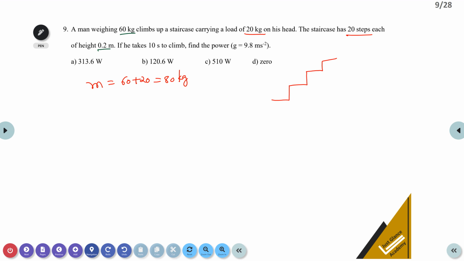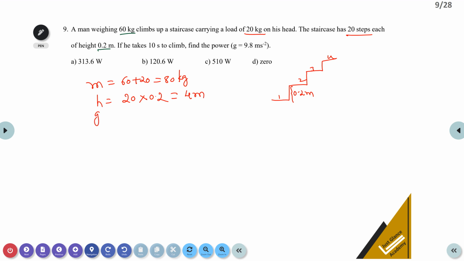Step 1, step 2, step 3, step 4, up to 20 steps. So the total height equals number of steps multiplied by step height, 20 into 0.2 equal to 4 meter.